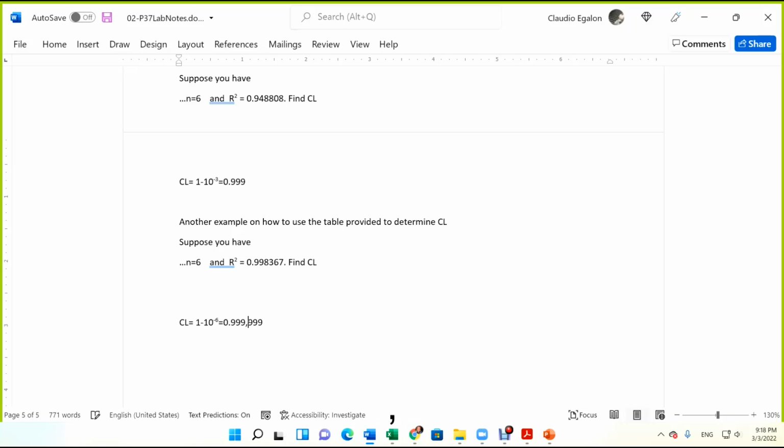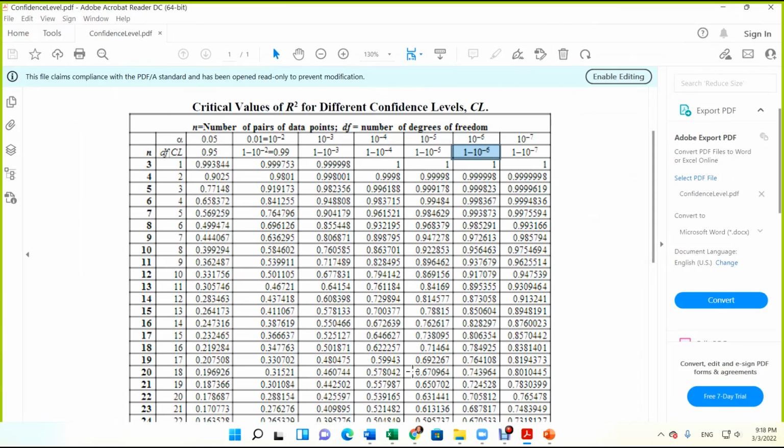I can even put a comma here so you keep track of the decimal places more easily. Okay, that's how you use the table. That's a good way of understanding how the table is used.